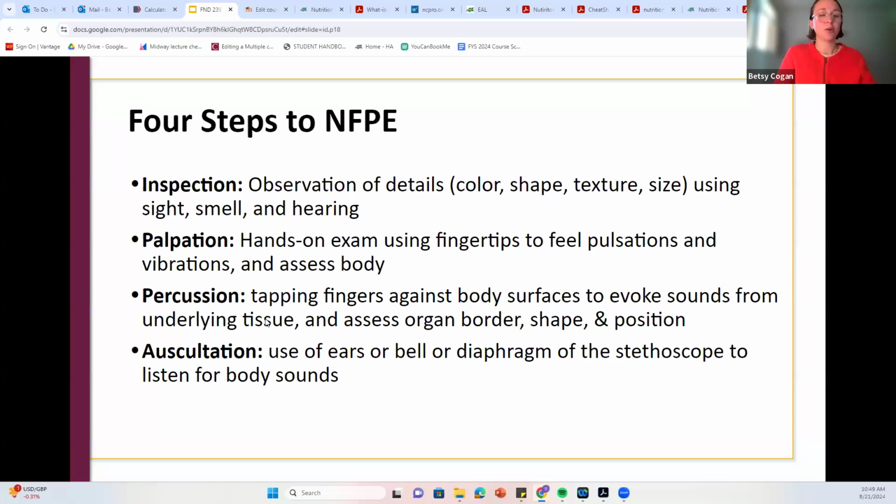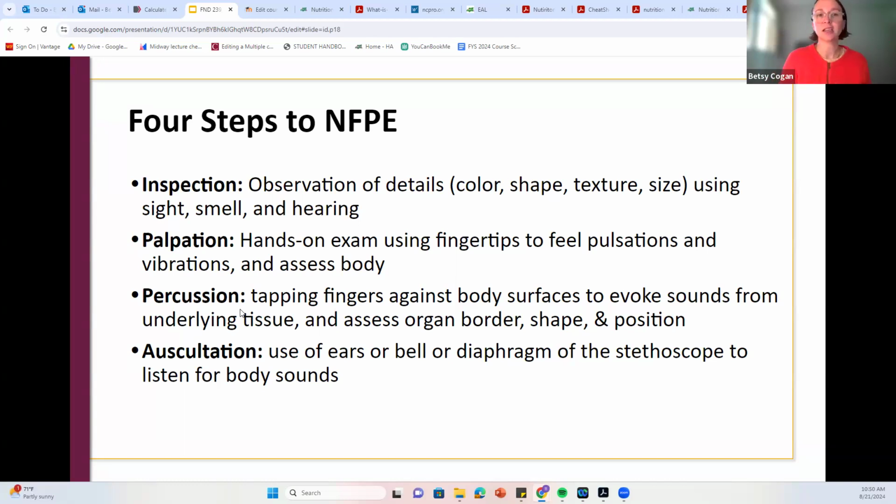So four steps, we're going head to toe, but first we want to make observations, right? So we want to look at coloration, we want to look at the size and texture, we want to use all of our senses when we are inspecting our clients or patients. We can do a hands-on exam. Again, we want to ask permission from the patient, but we can use our hands to assess different body measurements that will tell us about nutritional status.